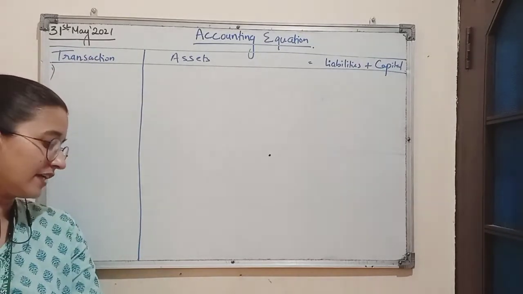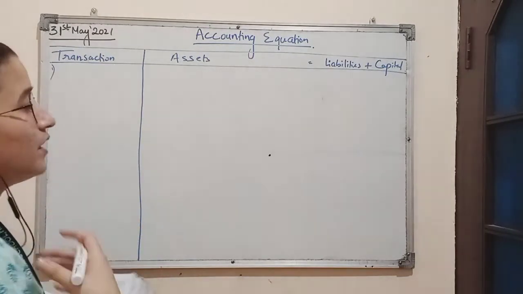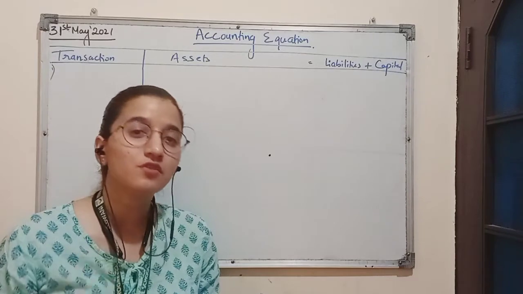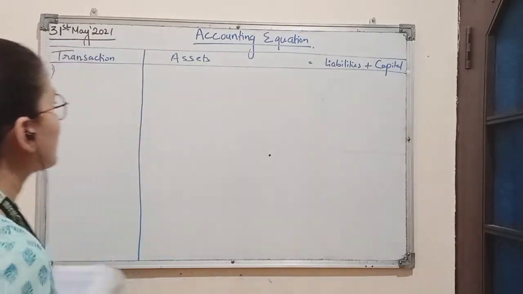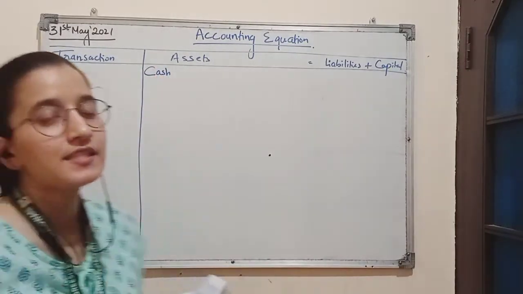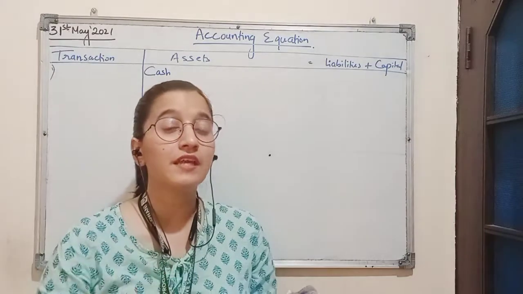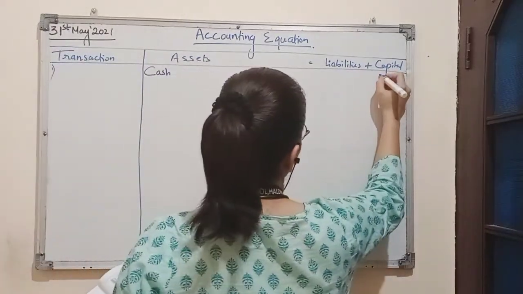Now the first transaction is Mukesh started business with cash 80,000. Here, as we know, 80,000 cash is being introduced in the business. It is in the form of cash, so we will open a cash column on the asset side, and the same amount is considered as a claim against the firm in the form of capital.